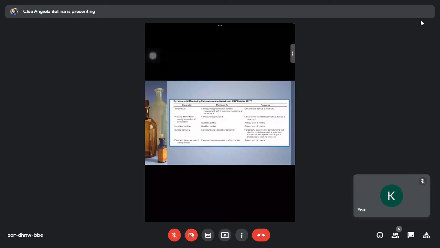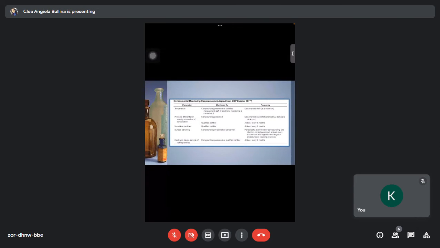So let's proceed with the next slide. So ito siya, class. We have mentioned kanina yung different environmental monitoring requirements, yung mga elements. So we have temperature, di ba? We do temperature monitoring. I got this from the American Society of Health-System Pharmacists handbook.